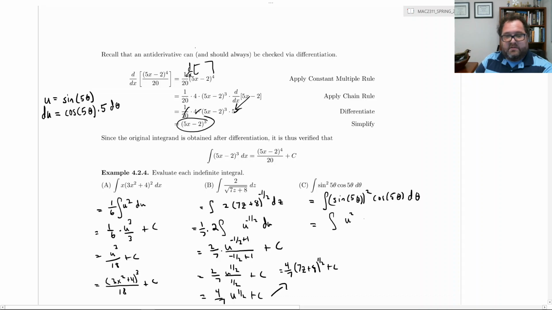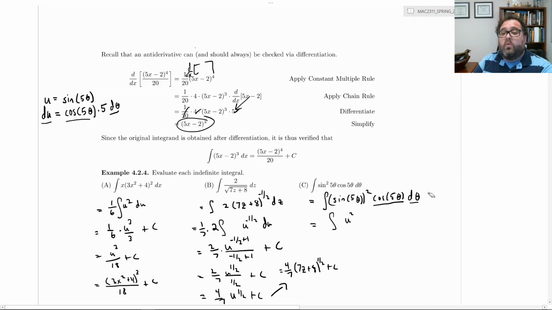Now notice the rest of this, we know that du equals cosine 5 theta times 5 times d theta. We have a cosine 5 theta, we have a d theta too. The only thing we're missing is a 5. If we could put a 5 here, then we could change this entire stuff right here over to a du.